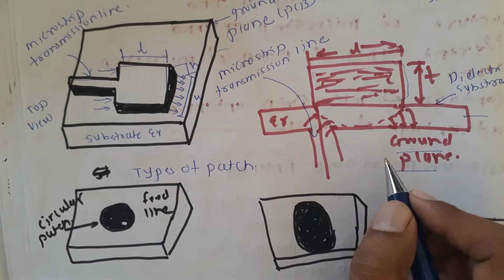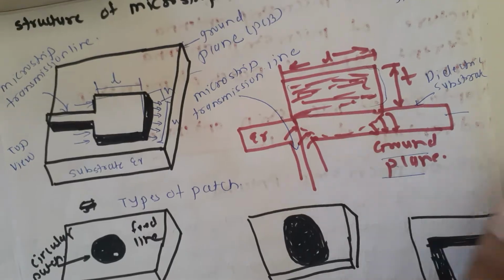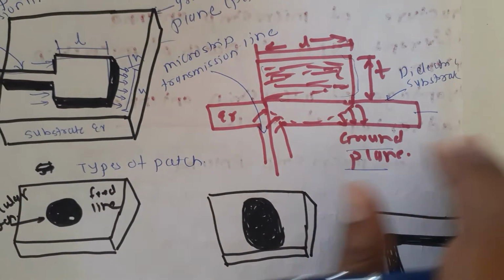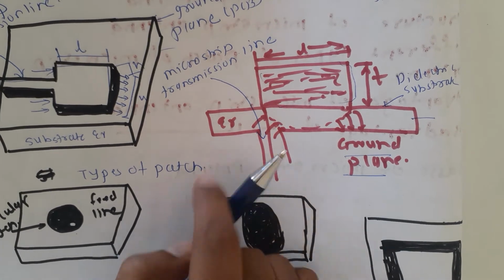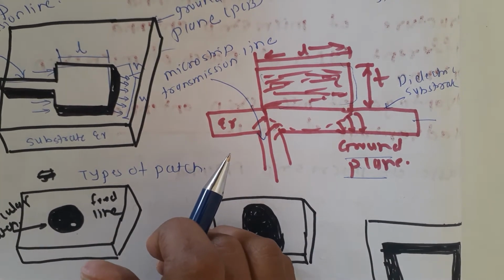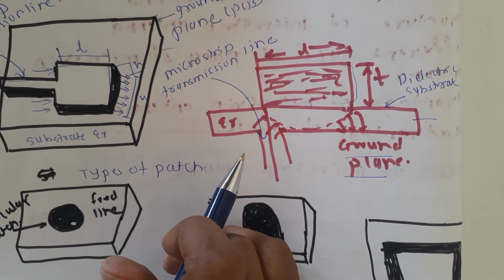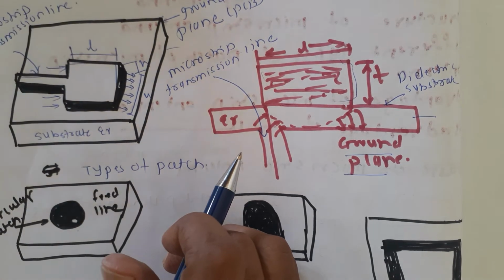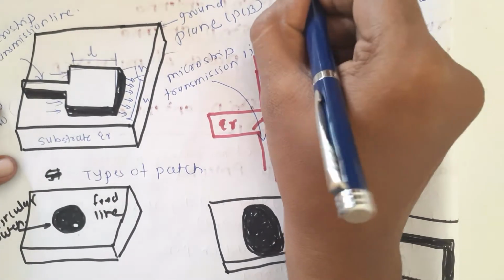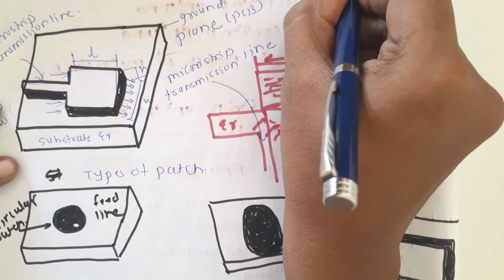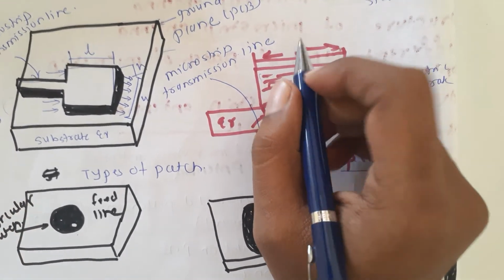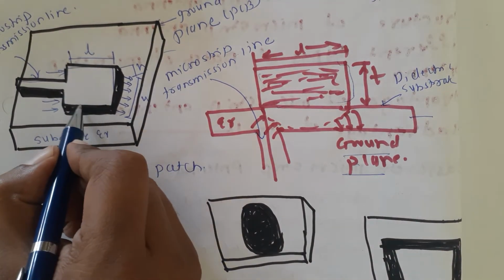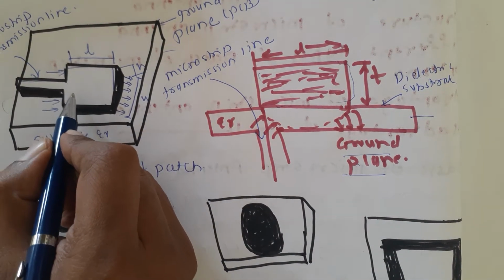Afterwards we will see how the radiation takes place in a microstrip antenna. So here the microstrip or patch antenna is popular for low profile applications which have a frequency above 100 megahertz. It usually consists of a rectangular metal patch on a dielectric coated ground plane.